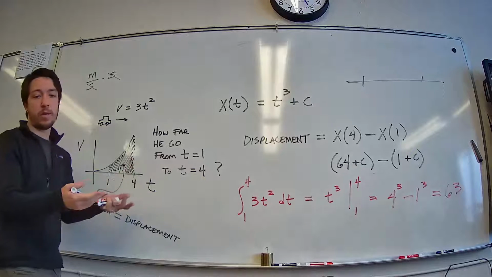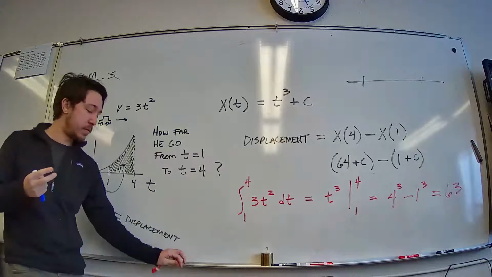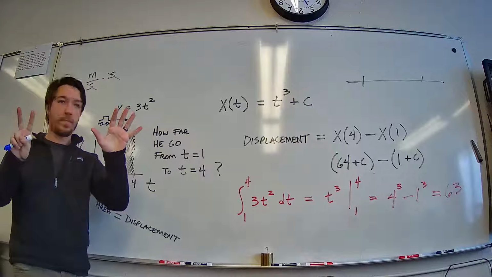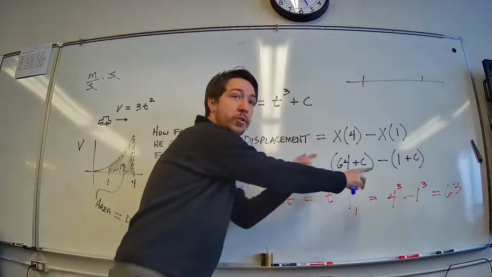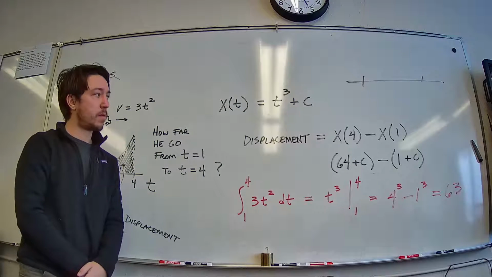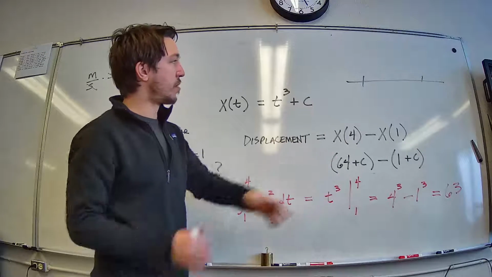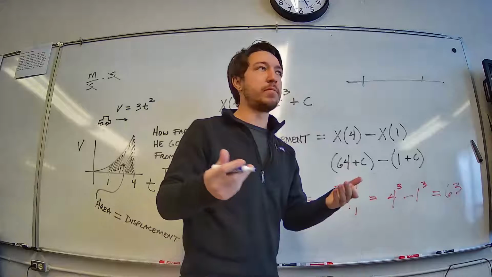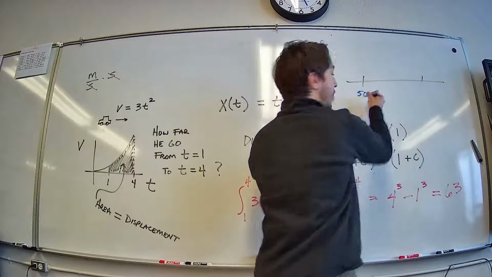If I had wanted to know how far he traveled between, say, time 2 and time 5, there'd be a 2 there and a 5 there, and I'd be plugging a 5 and a 2 into my thing. As far as not mattering where it started, all I'm saying is, suppose this guy had started at position 500 on a number line.